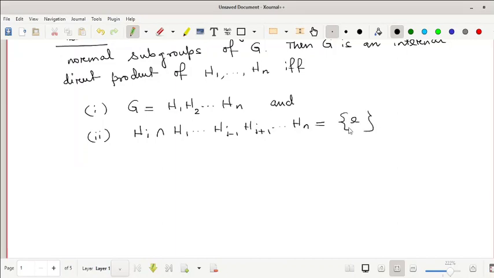It should contain only identity. Okay. So first condition remains same. Every element of G can be uniquely expressed as product of elements of Hi's. This is replaced by intersection of any Hi with the product of the remaining normal subgroups should contain only identity, and this should be true for all i goes from 1 to n.